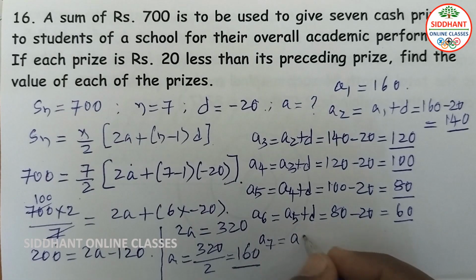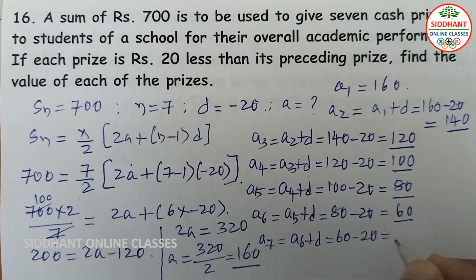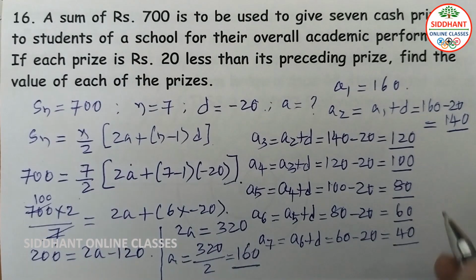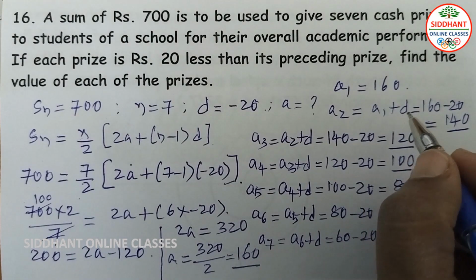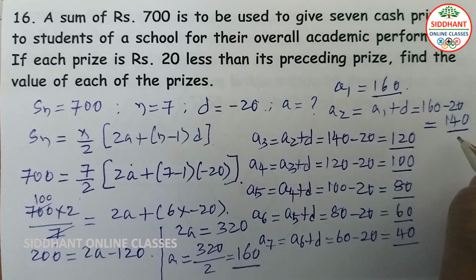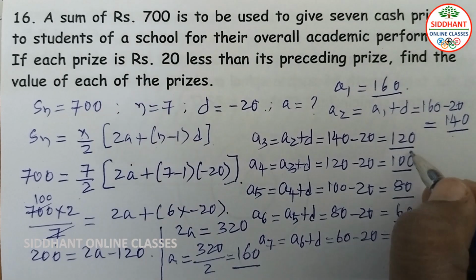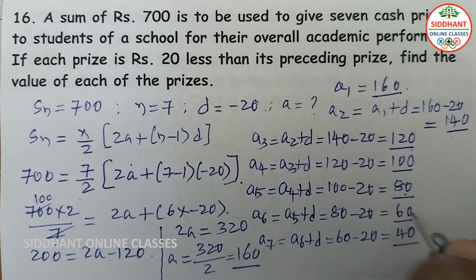A7 equal to A6 plus D, that equal to 60 minus 20, that equal to 40 here. So now the 7 cash prizes are: one is 160, second one 140, 120, 100, 80, 60, 7th item is 40 here.